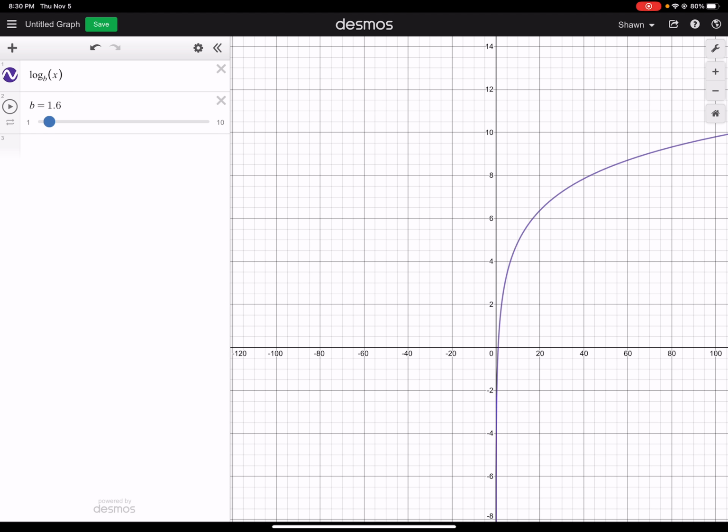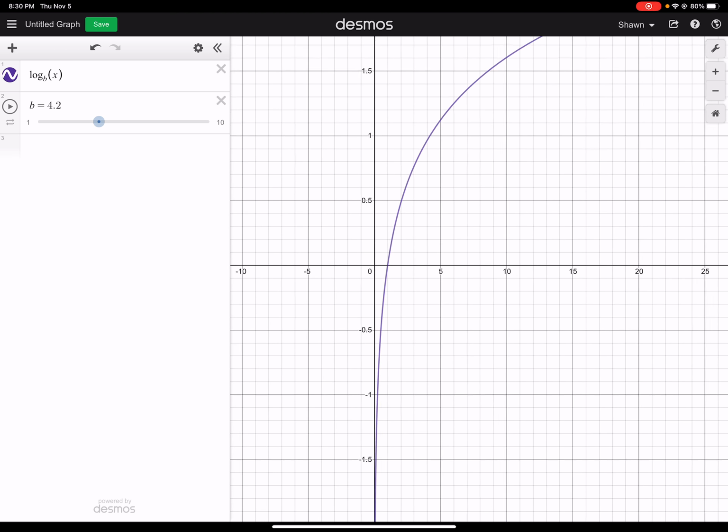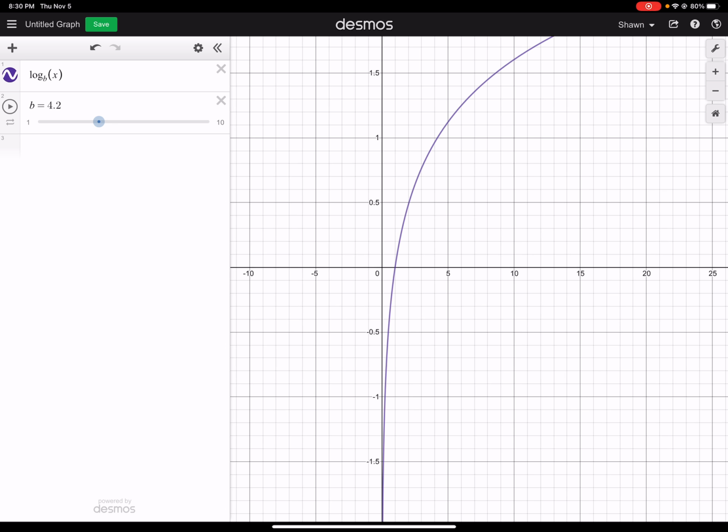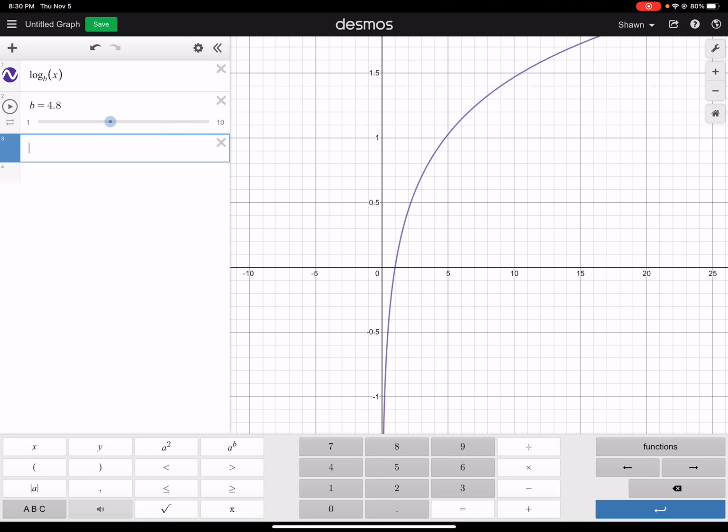This is a lot more curved down here, a little flatter down there. The thing to notice is the entire time, no matter what, it stays through the point 1, 0.